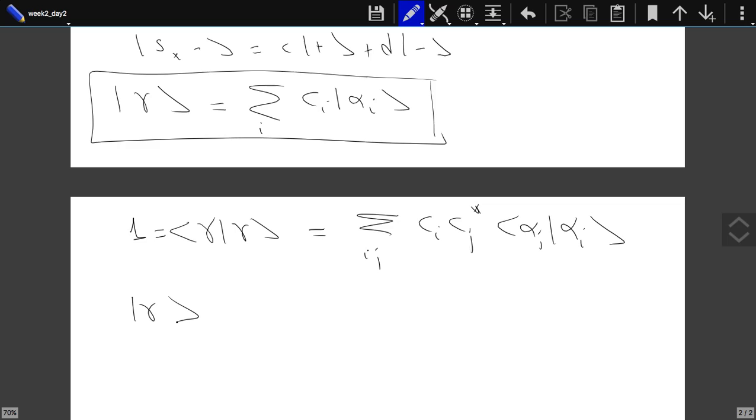So the description in terms of the x, y, and z components of the spin failed in these Stern-Gerlach experiments. And then we looked at this analogy with light.